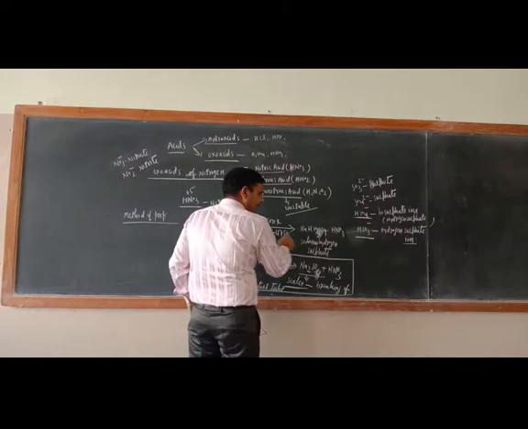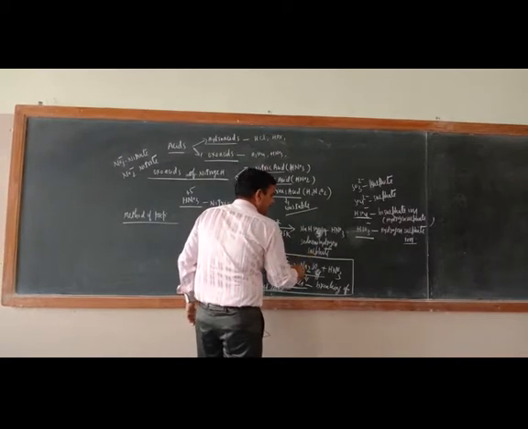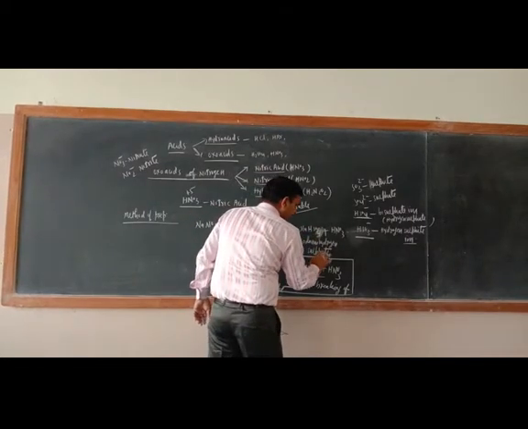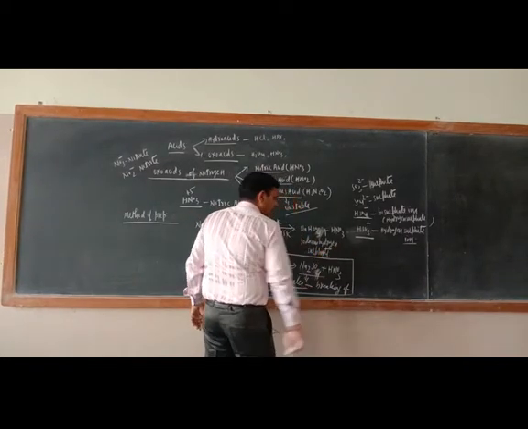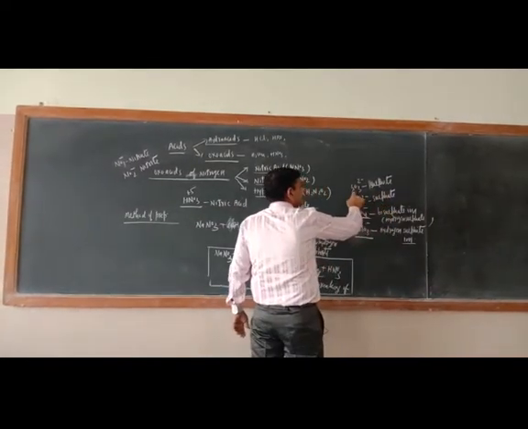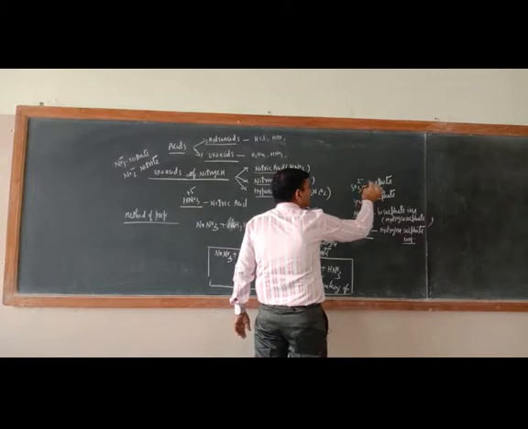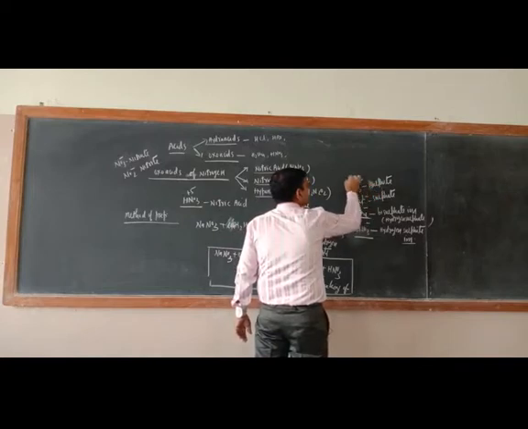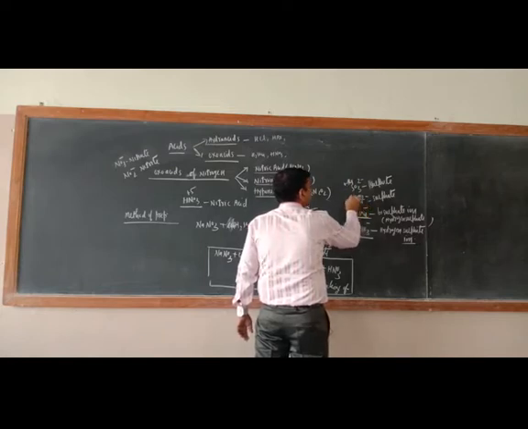If the temperature is less than 500 Kelvin, then sodium hydrogen sulfate will form. What is the difference between sulfite and sulfate? In sulfite, the oxidation state of sulfur is +4 and in sulfate it is +6. That is the only difference.